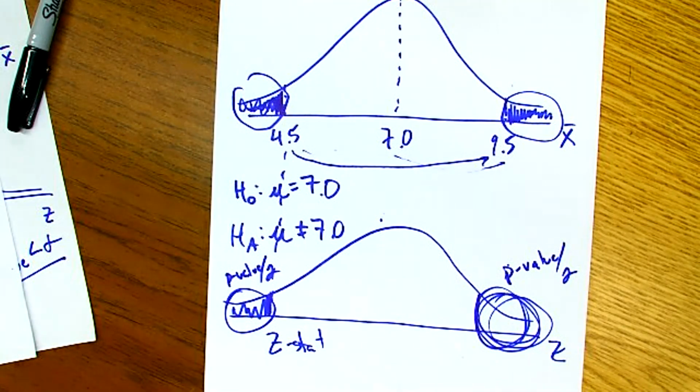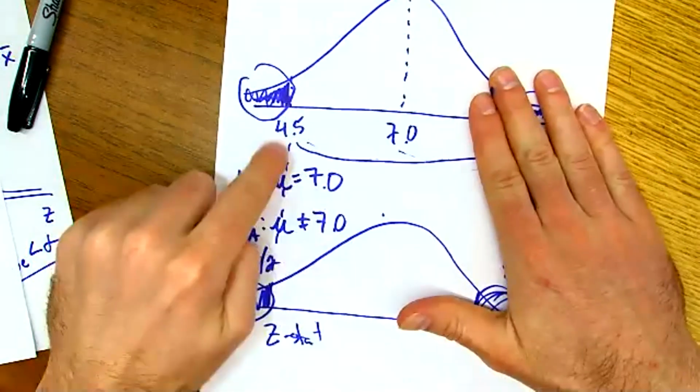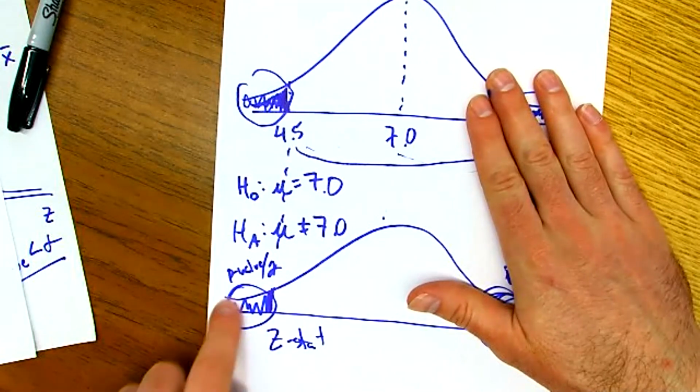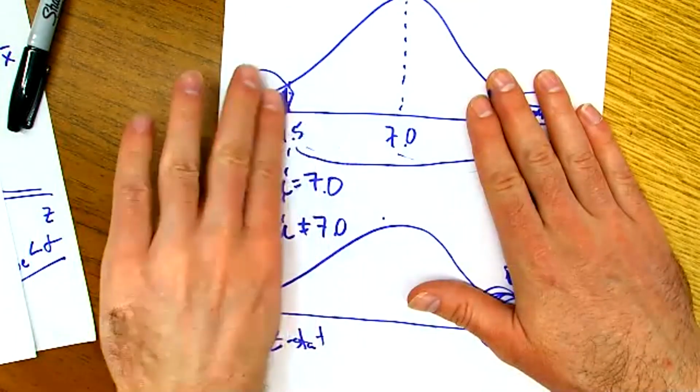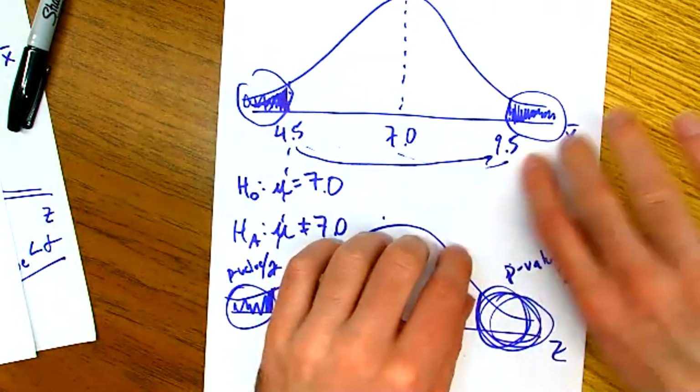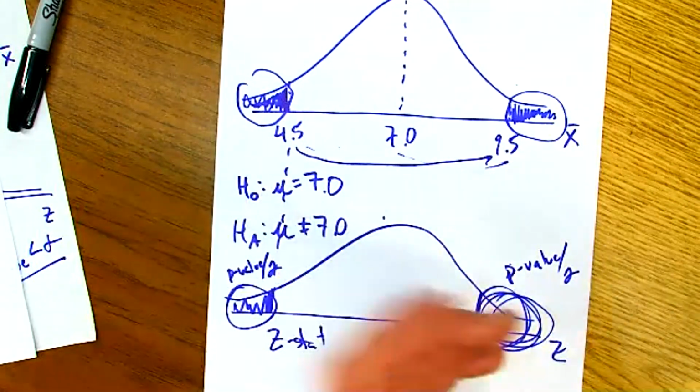In practice, to be clear, I'm only seeing one sample mean, 4.5. But I know that the probability that I saw 4.5 or anything below it would be the same as the probability I saw 9.5 or anything above it, because this is a symmetric distribution.